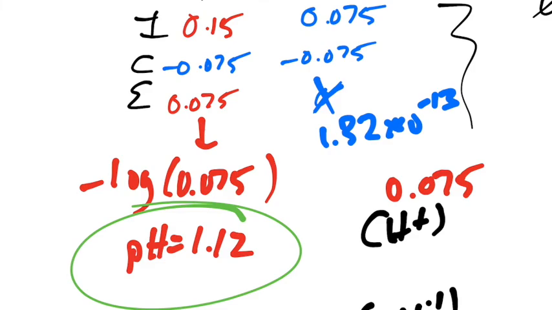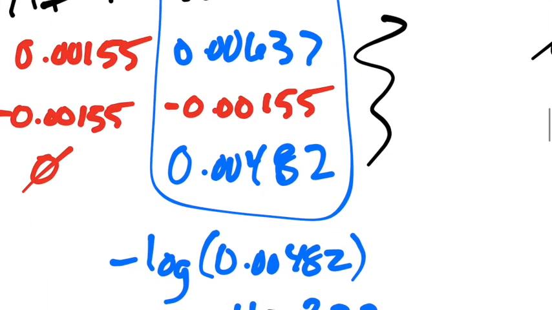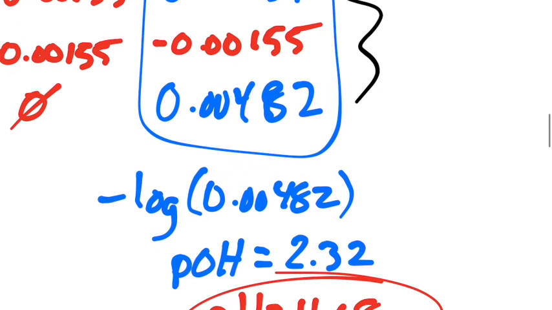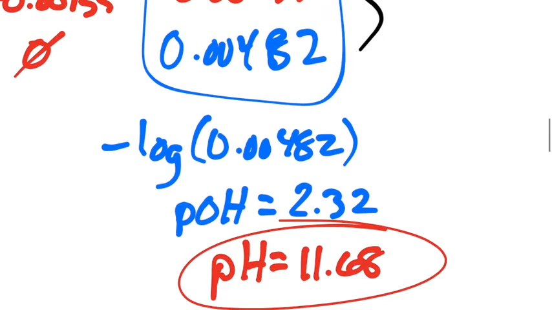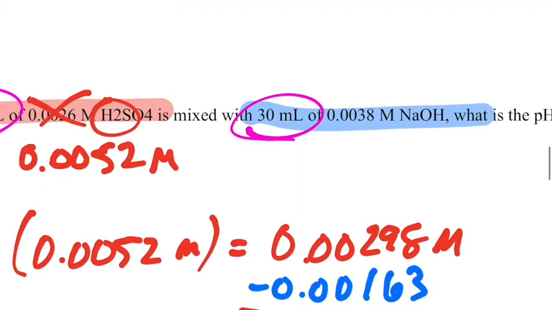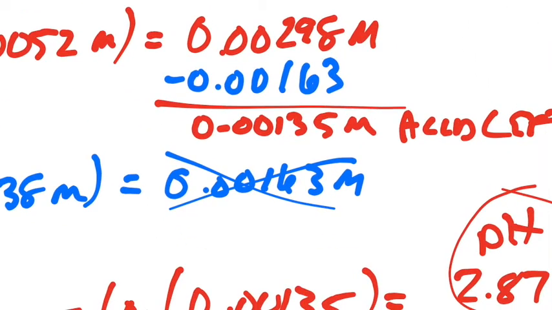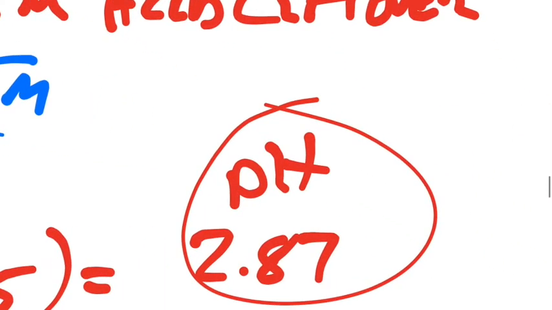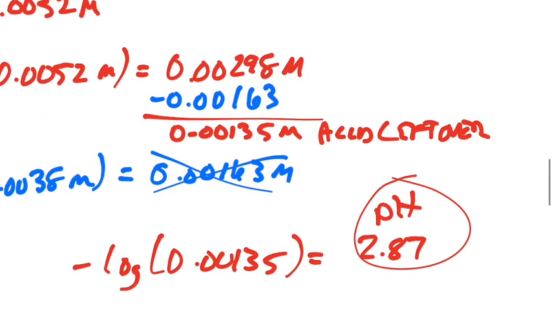We took the negative log of it, and we ended up with the pH. In this example, we ended up with excess base. So the excess, you take the negative log of it, and you ended up with the pOH, which you could then change back to pH. And in our last example here, we ended up with excess acid, and so because we ended up with excess acid, we take the negative log of it and end up with the pH value that is there.